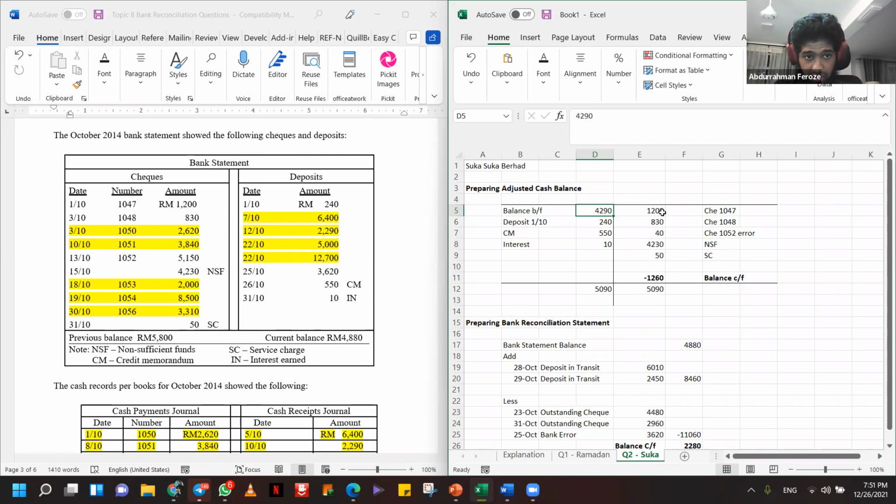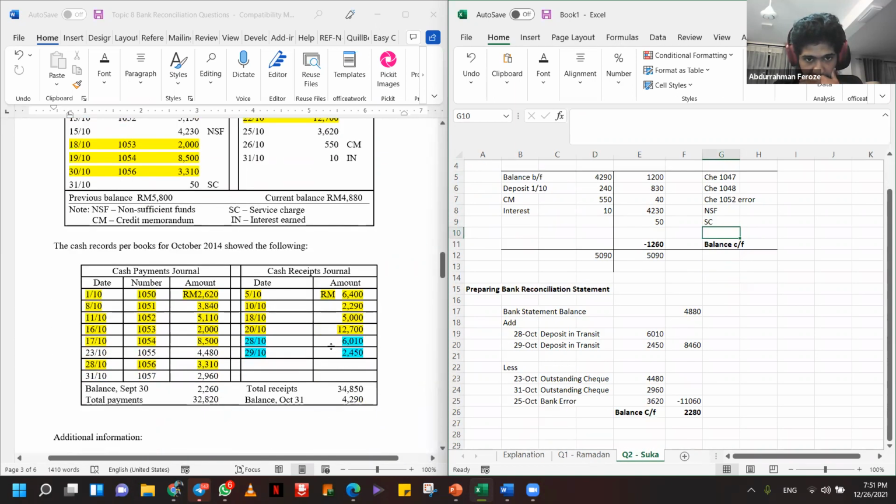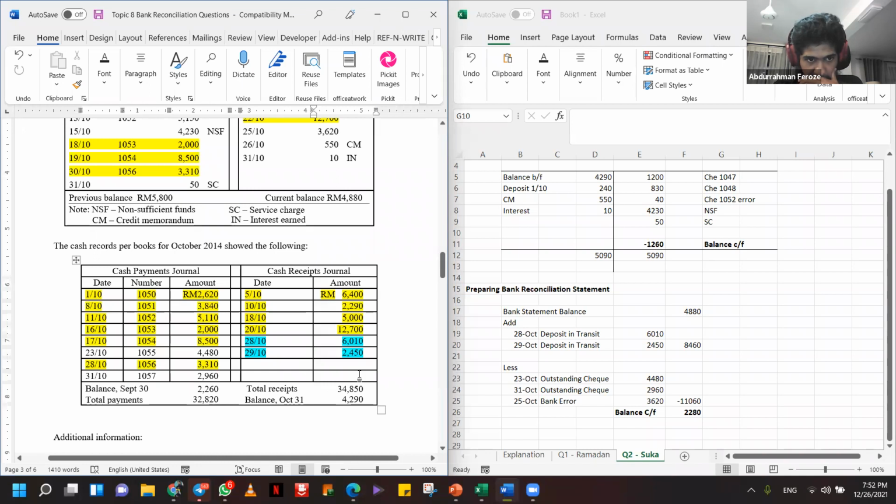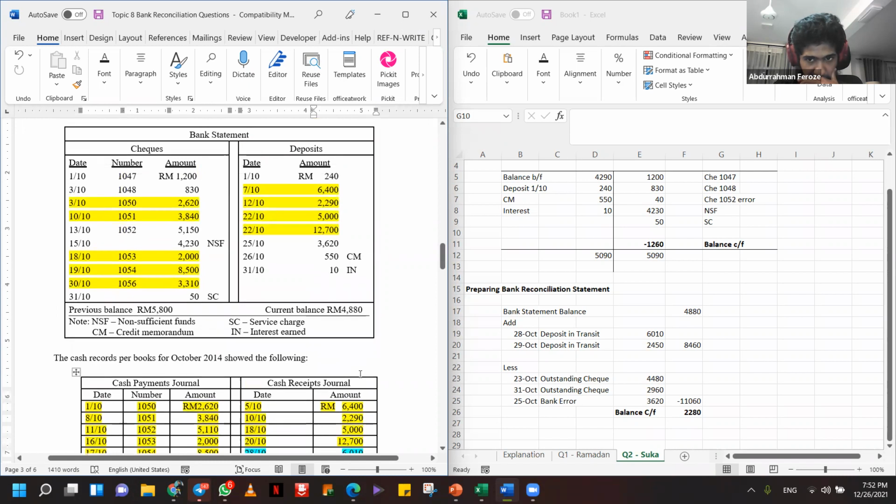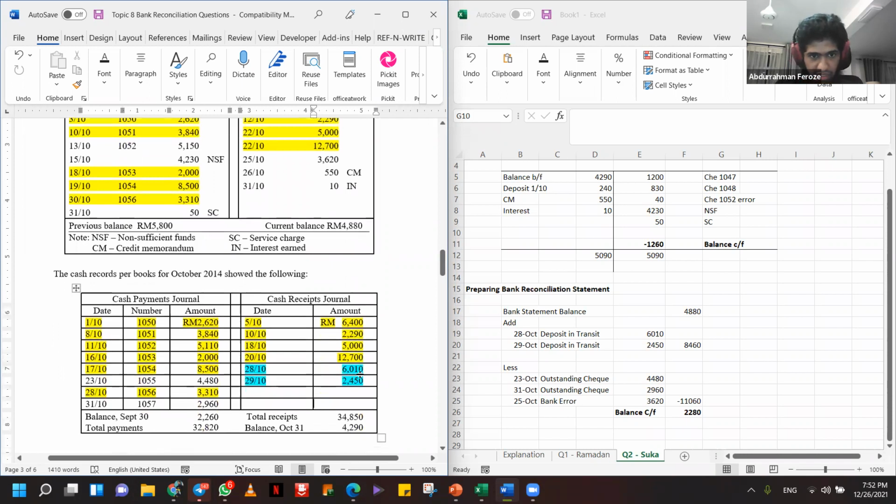And then from the payments, 1,200, 830, 4,230. So I am not sure what is wrong here.